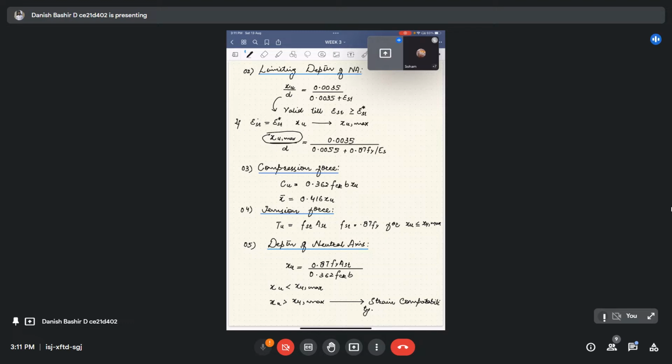And the compression force that comes on our beam section is Cu. It is given by 0.36 fck b xu. fck is the grade of concrete, b is the width, and xu is the depth of the neutral axis. And x bar, this compressive force actually acts like this.